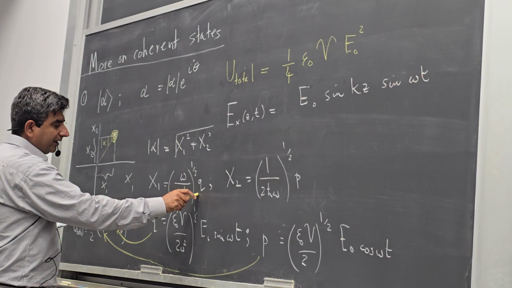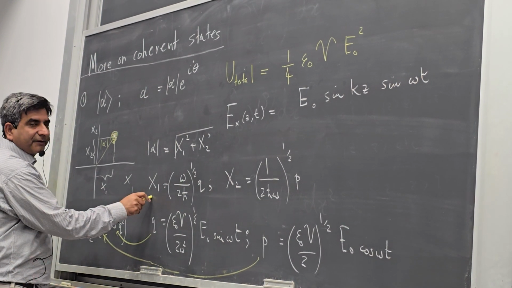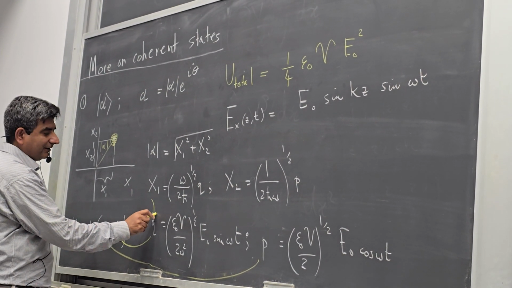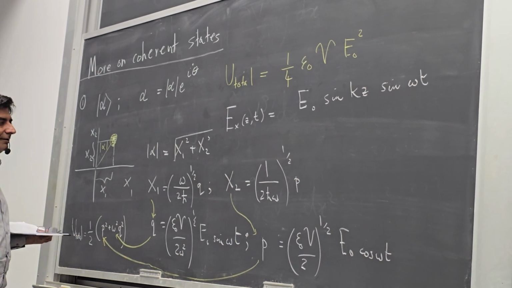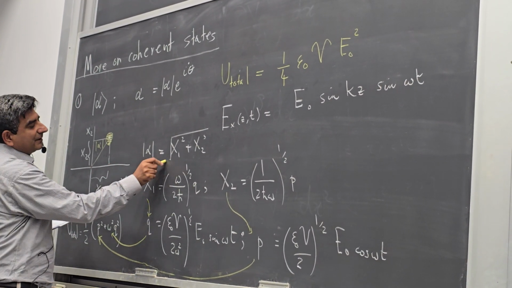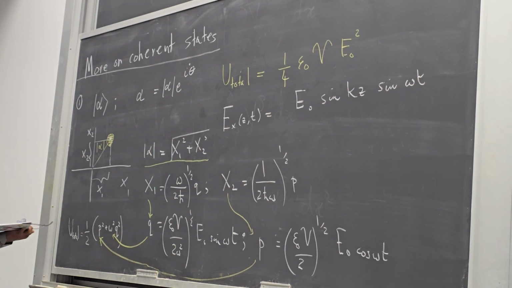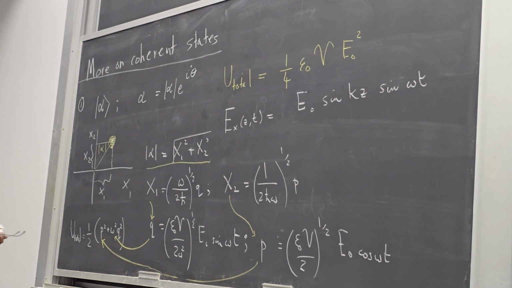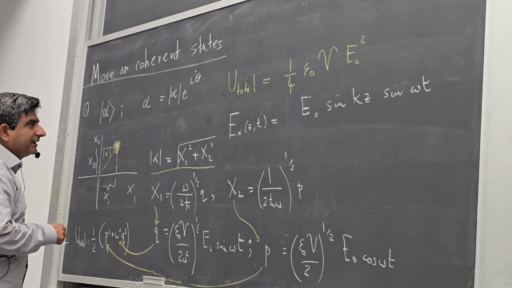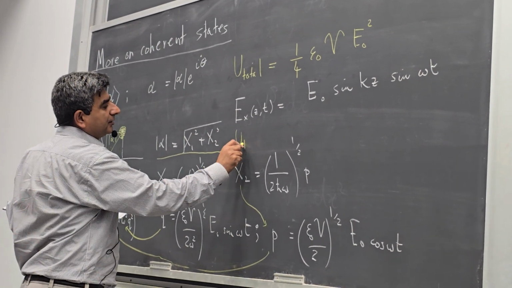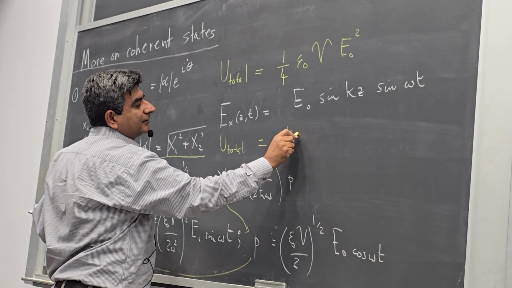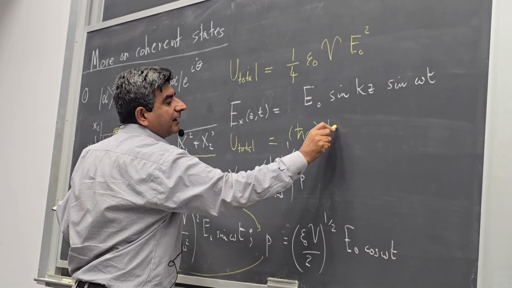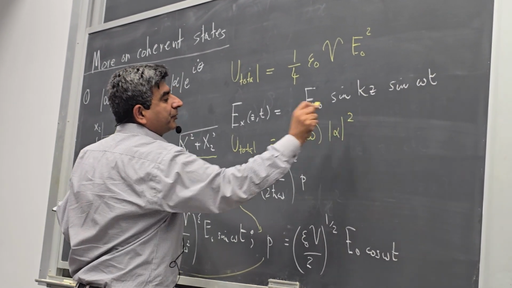So we have a q here. We replace this q with an x1, okay, and this p with an x2, right? Finally, we determine this object alpha. So, according to this expression, our u total comes out as h bar omega alpha mod squared.